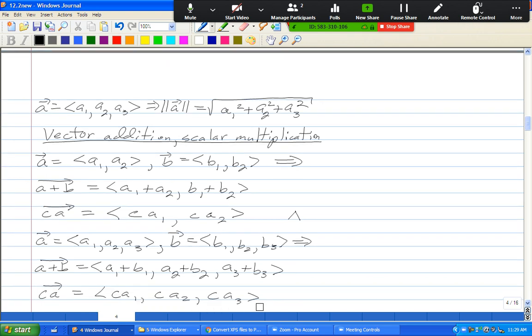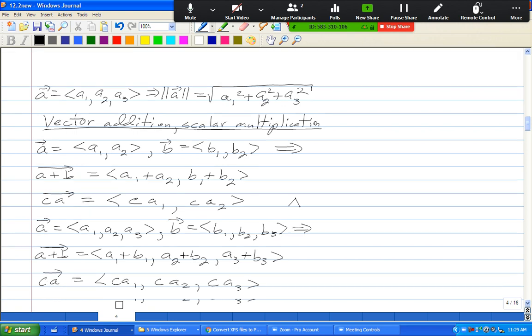We can define scalar multiplication as follows. Let c be any member of your scalar field. So the vector ca has components ca1, ca2, ca3.